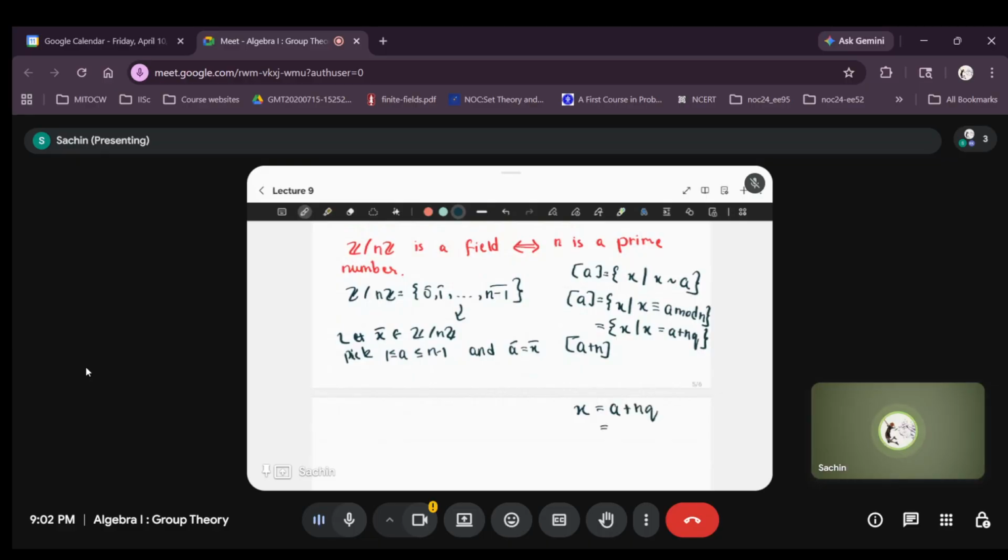You can write NQ as N into Q minus 1 plus N into 1.